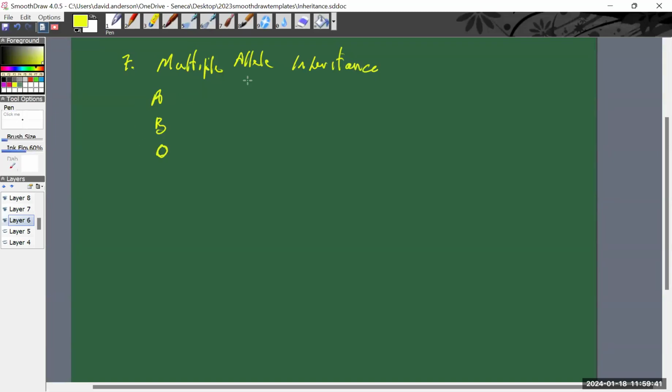So if we combine any two of these alleles, we could have a parent that's this, a parent that's this, and we could have an AO, right? Which we used a little i for before. So in this case, and in this case, they present as type A. And then we had our codominant factor here. But the idea here is there's multiple possibilities.